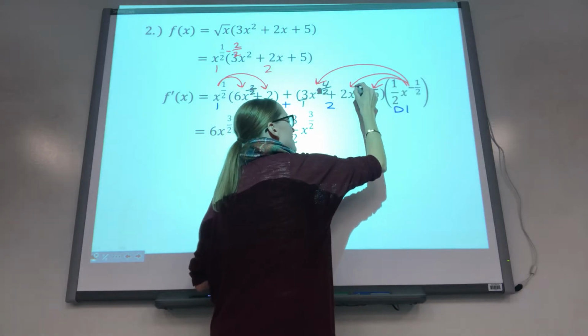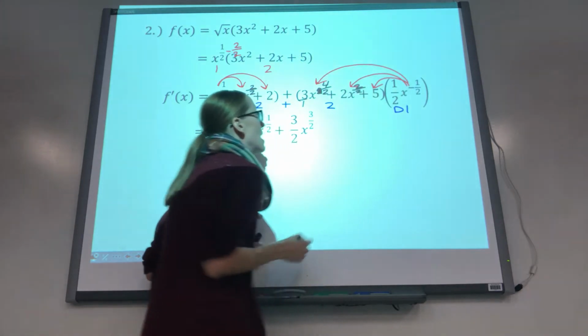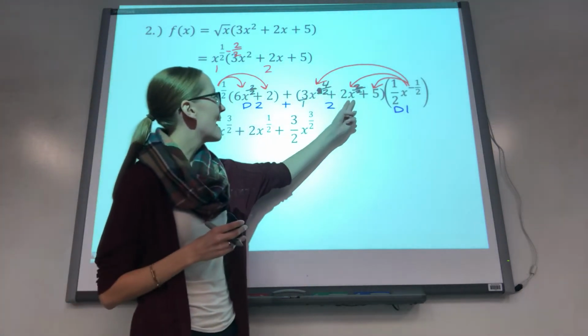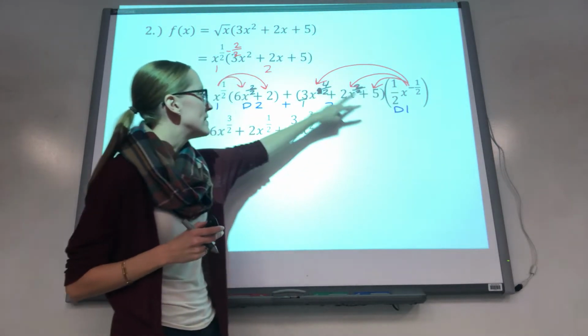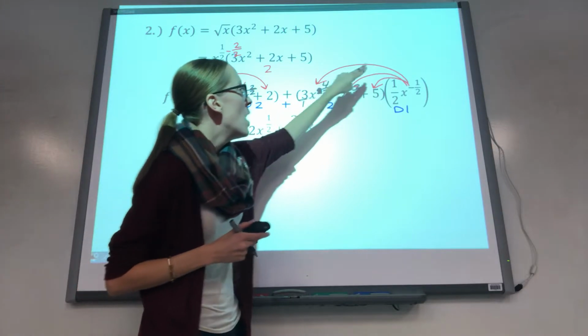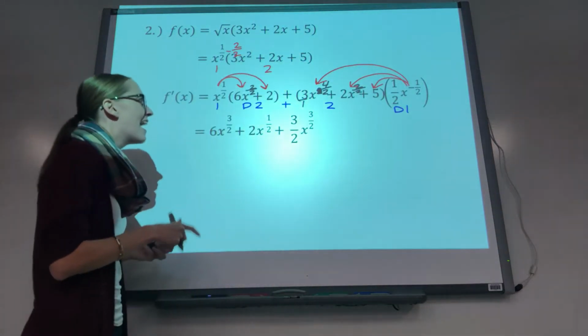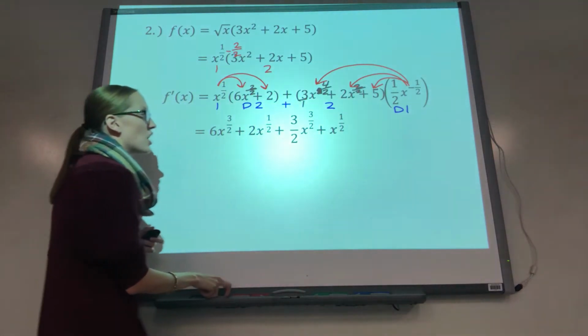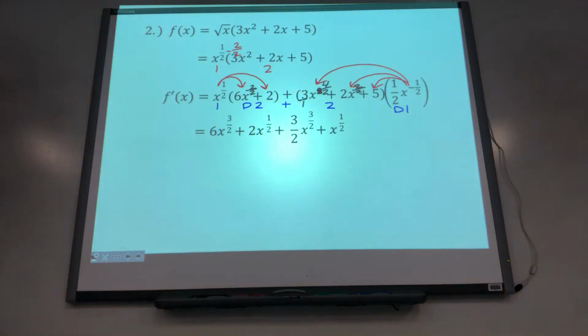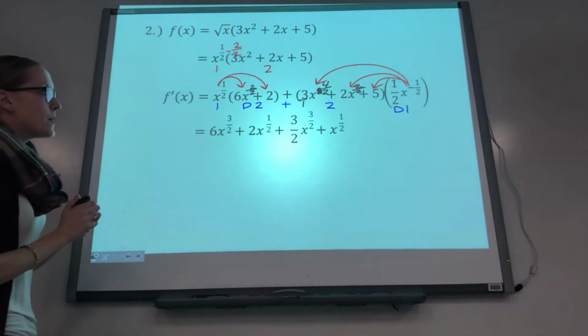But again, with that denominator of 2, I want to think of that as x to the 2/2. So adding the exponents, 2/2 plus negative 1/2, that would be a 1/2 power. Again, you don't have to put 1x to the 1/2. You can just do x to the 1/2.